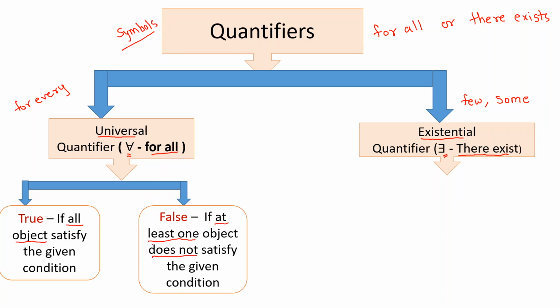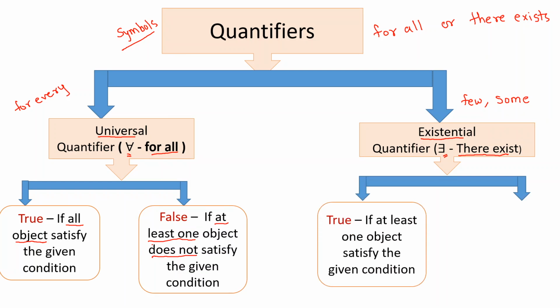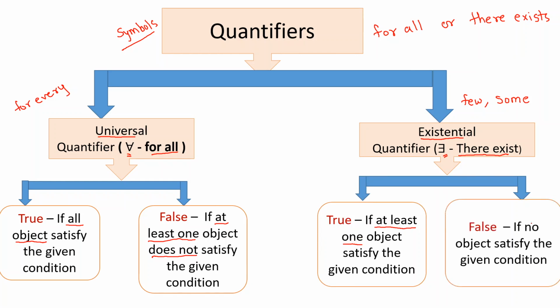Next, the existential quantifier is true if at least one object satisfies the condition, and it is false if no object satisfies the condition. So, how to remember this?